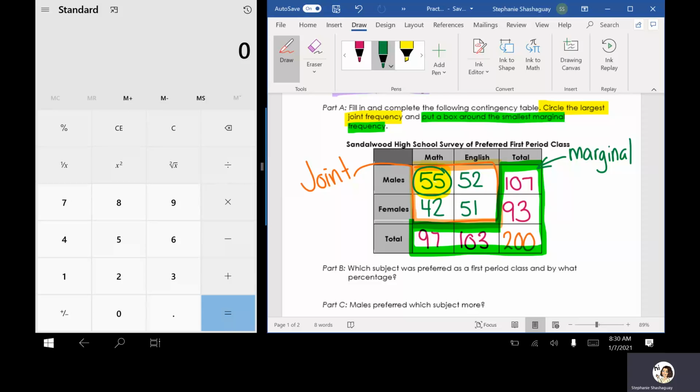So out of those 5 numbers, what is the smallest marginal frequency? We need to put a box around the smallest one. In this case, it is 93. So our smallest marginal frequency is 93. Okay? Just like over here, our largest was 55.